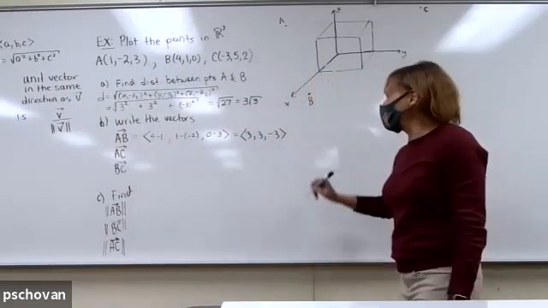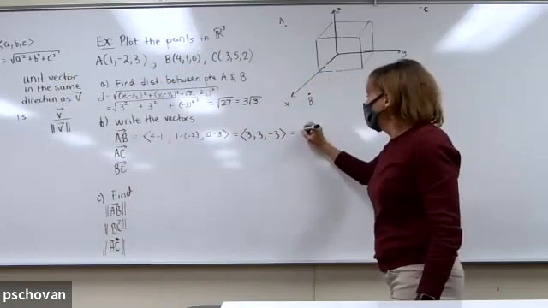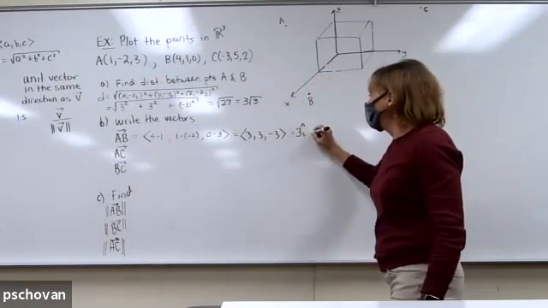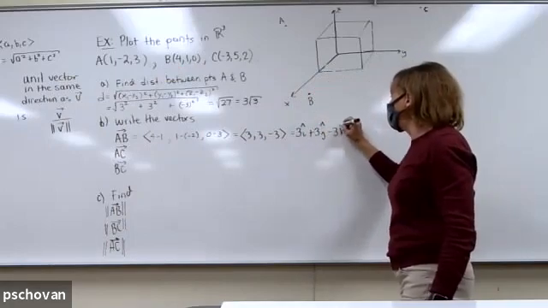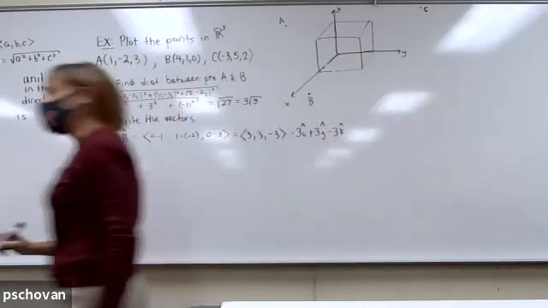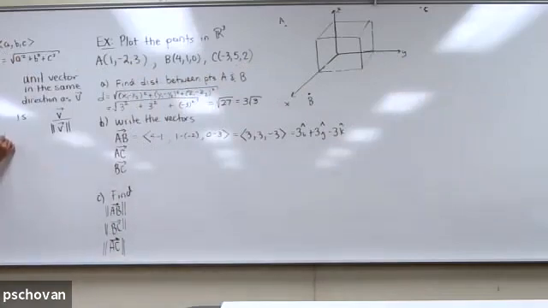Or if you like the IJK notation, it's 3i plus 3j minus 3k. Well, remember what the i, j, and k are. If you're in 3 dimensions, the i basis vector is the vector whose components are 1, 0, 0.